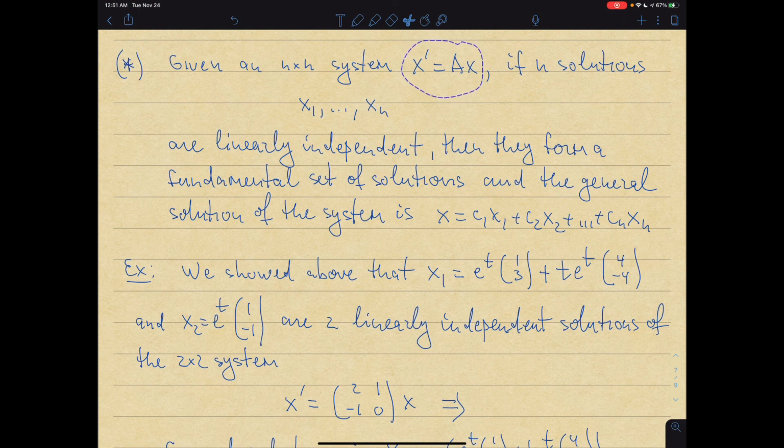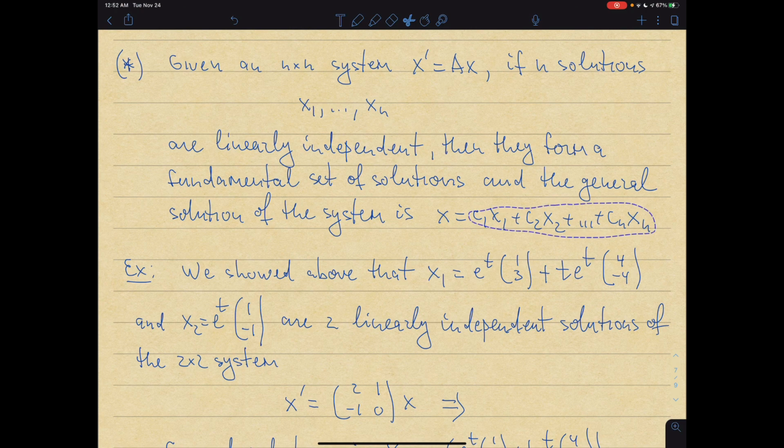But to make sure that those n solutions that I list here are actually different, I have to verify their linear independence. If they're linearly independent, then just like before, they form a fundamental set of solutions, and their linear combination is going to be the general solution.